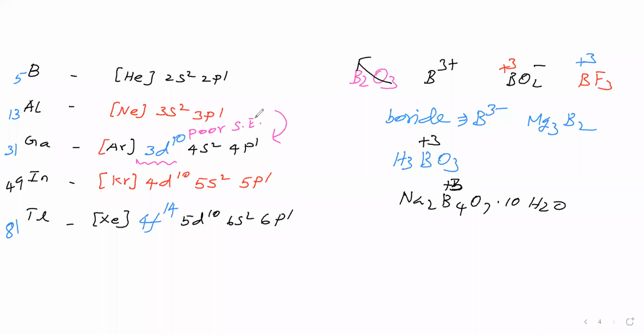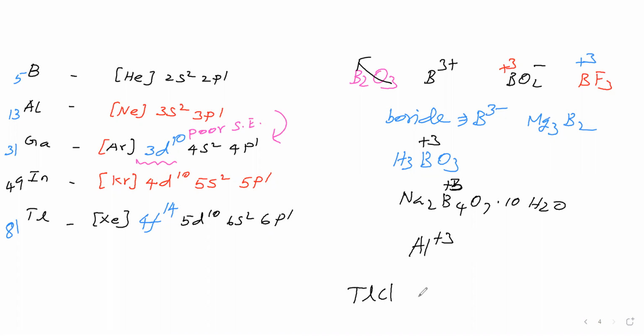Then aluminum compounds: aluminum sulfate, aluminum chloride, aluminum nitrate, aluminum oxide. In these, aluminum shows plus 3 oxidation number. So oxidation numbers of aluminum we have seen. Then we will see thallium.